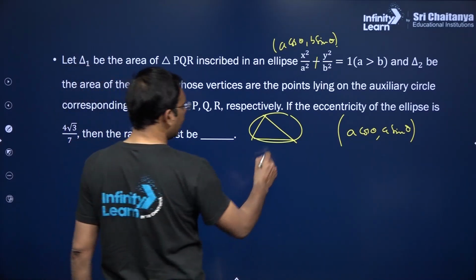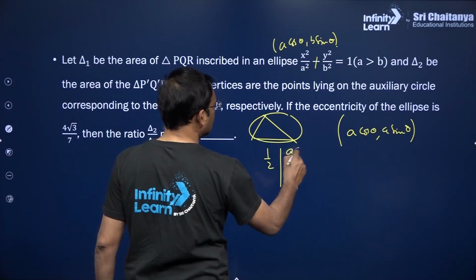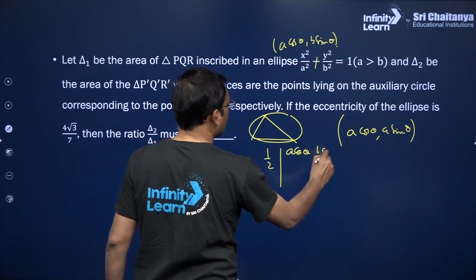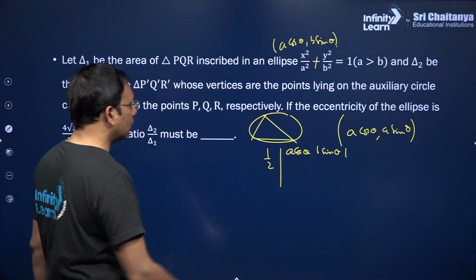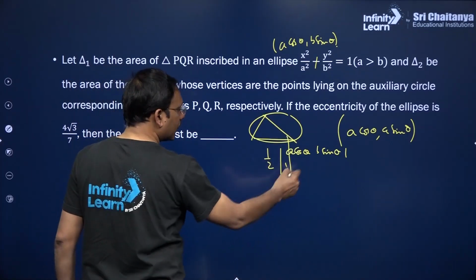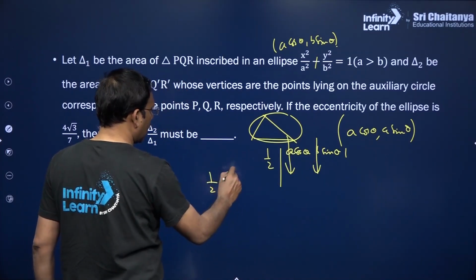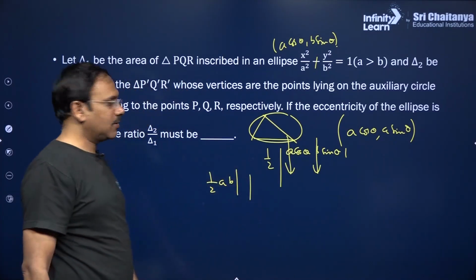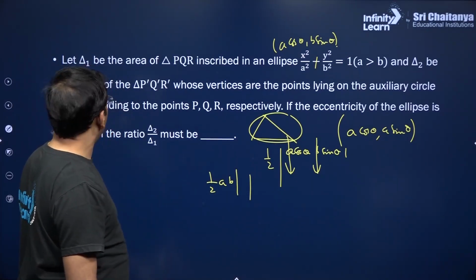You know, its area will be half modulus of the determinant with A cos theta, B sin theta, 1, like this. So here you can take A common from the first column, B common from the second column, you are going to get half mod AB into the determinant, which is going to be the area of the triangle PQR.